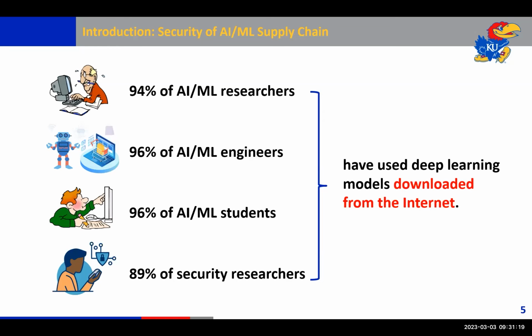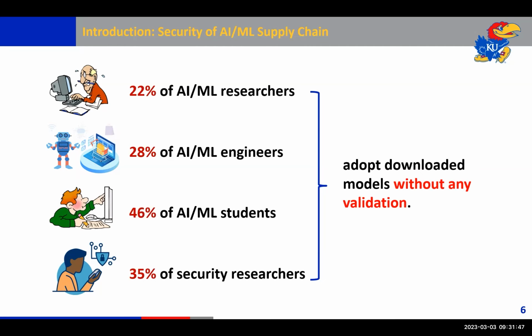And what measures have you taken, including basic validation, fine-tuning, pruning, defenses, and examination of the code? According to our findings, almost all the participants have downloaded models from the internet, more than 90% of the participants from the 4 groups.